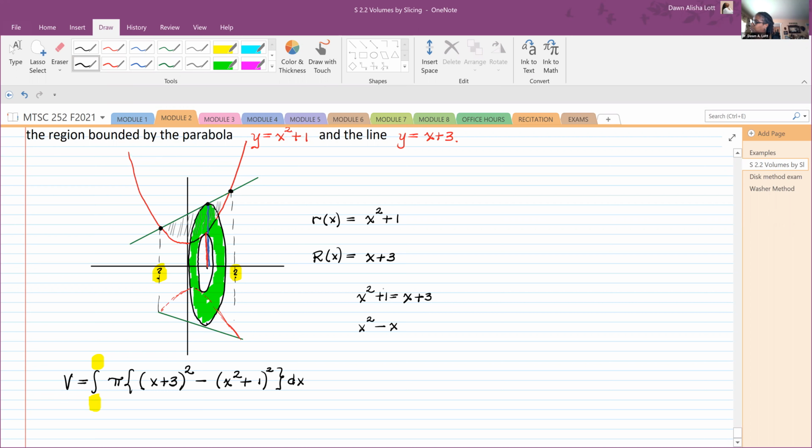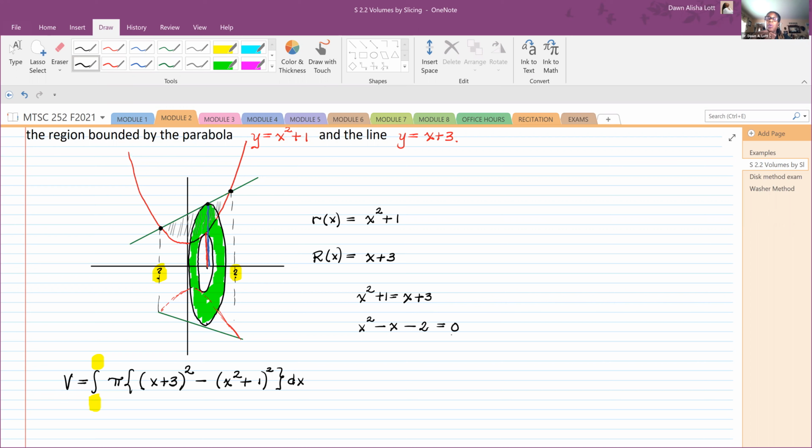I want to move the 3 to this side. See, now I have something equals 0. I had x squared plus 1 equal x plus 3. I moved the x to the other side. Excellent thought, excellent process. But I need to move the 3 to the other side as well.